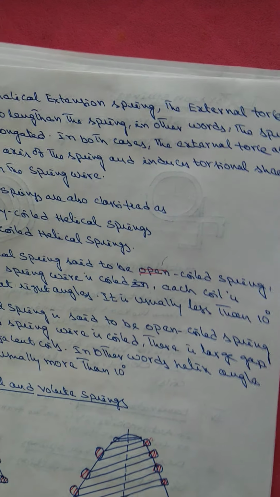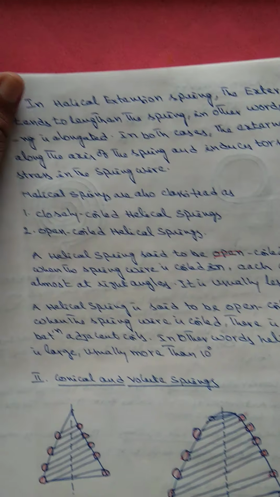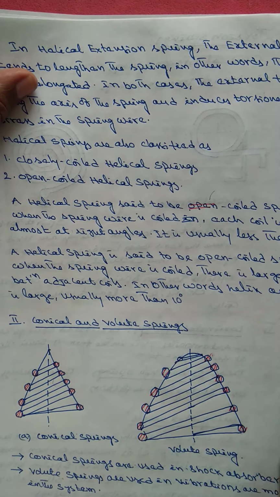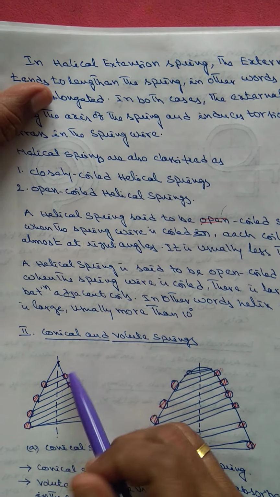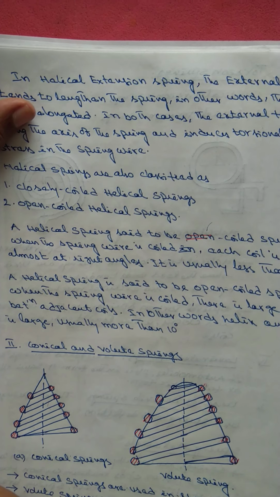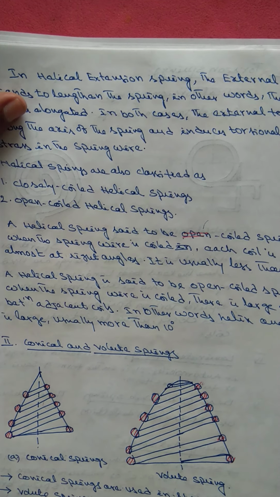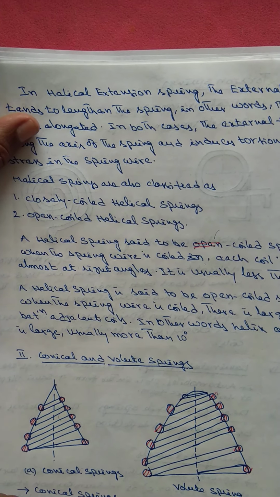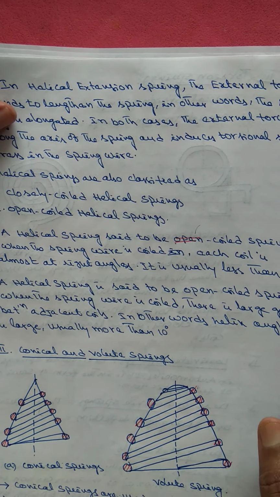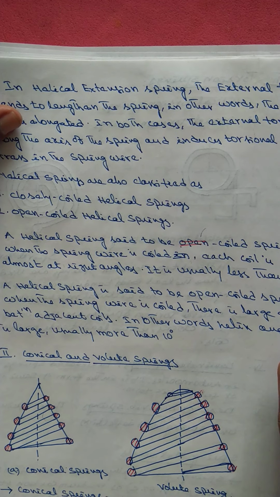Another, we have helical springs, which we classify as closely coiled helical springs and open coiled helical springs. As I already told, if the helix angle is less than 10 degrees, it is called a closely coiled helical spring. If the helix angle is more than 10 degrees, it is called an open coiled helical spring.